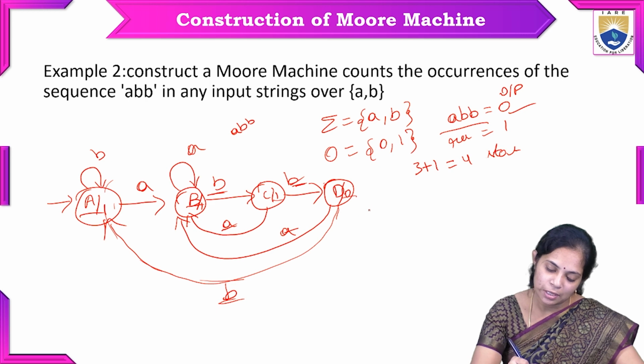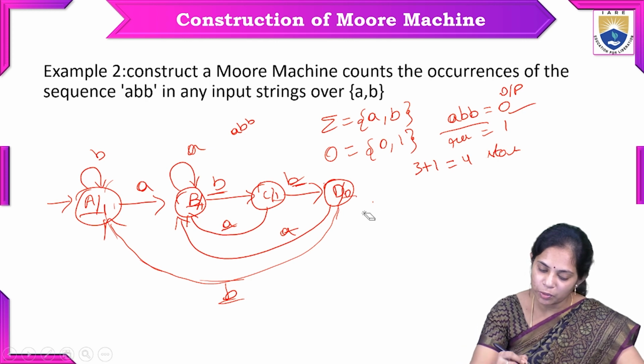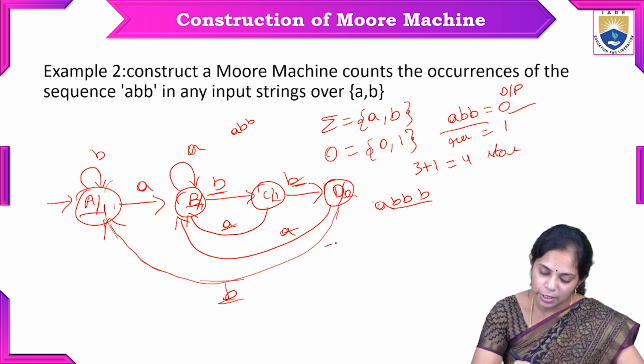So let's check one input. We'll take one input string. When we encounter A, B, B, B, I am taking triple B, how it is going. We have to start at the state A, and for the state A, what is the output here? 1.